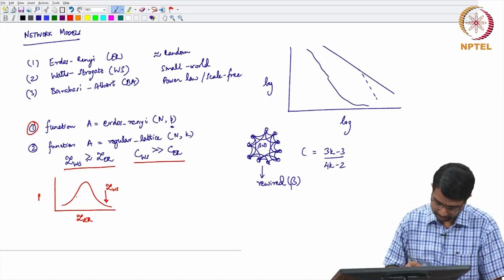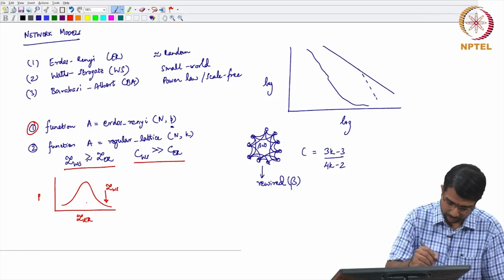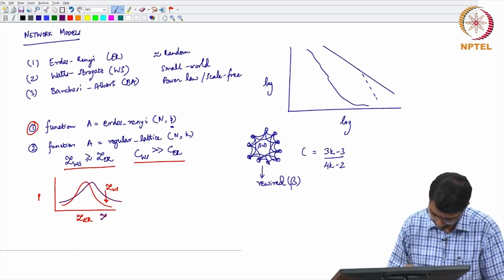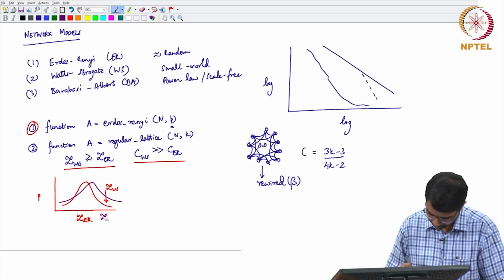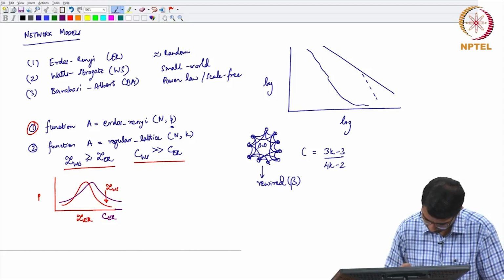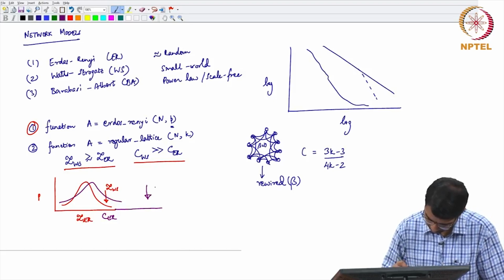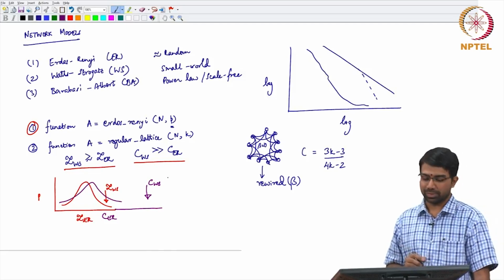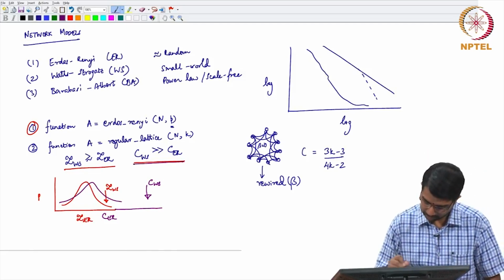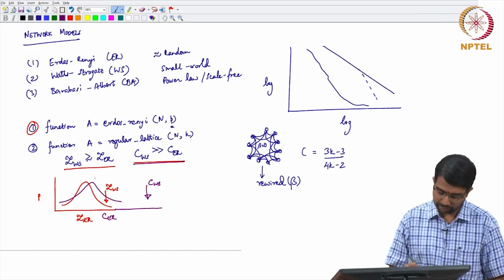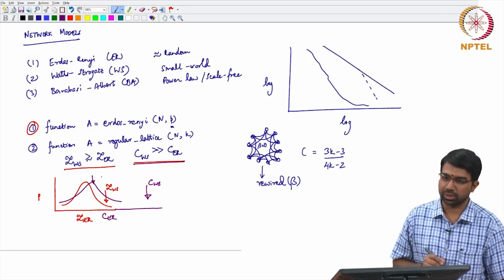But if this were actually the clustering coefficient plot, C_WS might actually lie somewhere here, because it is much greater than C_ER, and the mean value of C_ER is of course somewhere here.